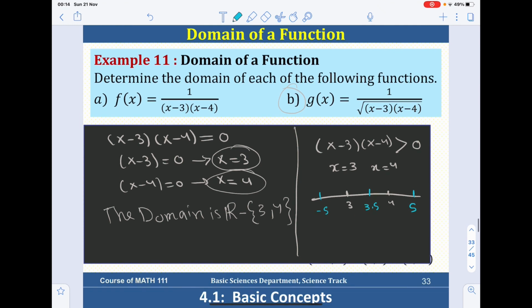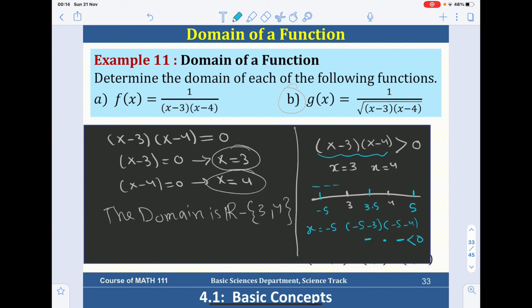When x equals -5, this would be -5 minus 3 and -5 minus 4. Now let's check the sign over here. This would be negative, and this would also be negative. So negative times negative would be positive. So when x equals -5, I will have a positive sign.